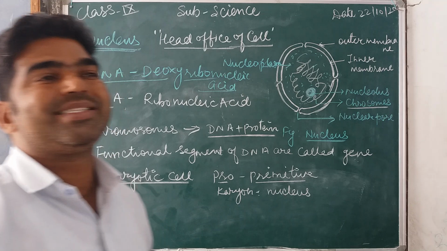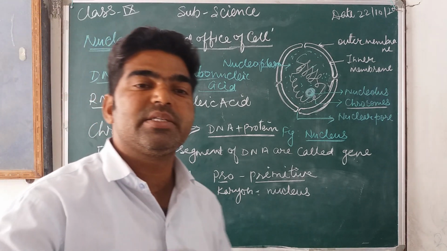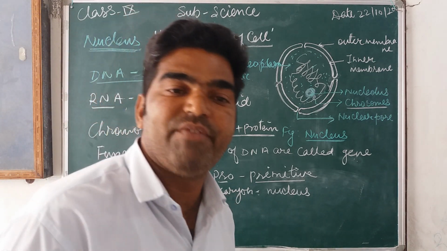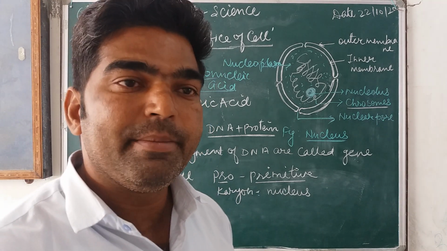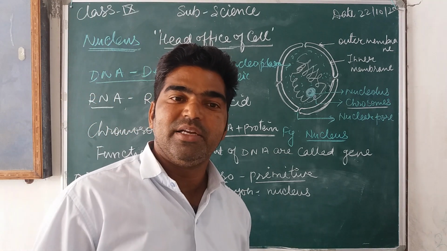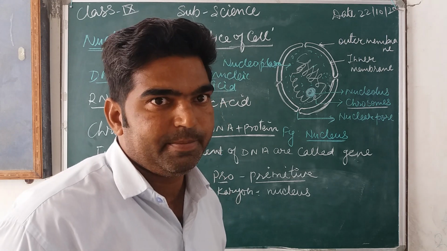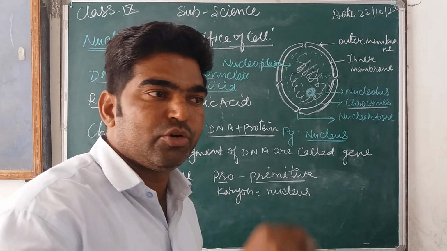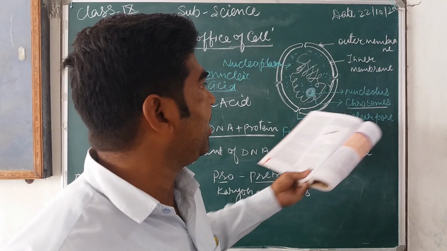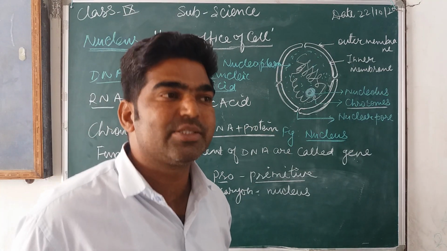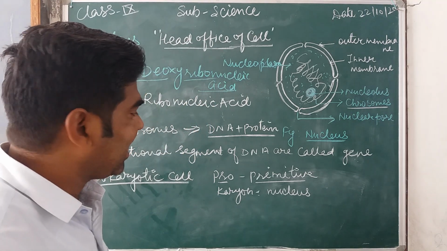So prokaryotic means the type of cell in which the nucleus is not in a well defined form, or the nucleus is not surrounded by the nuclear membrane, or you can say that the nuclear membrane is absent. Means simply these chromosomes are found in a scattered form, not surrounded by a double layer membrane. That type of cell is called a prokaryotic cell.